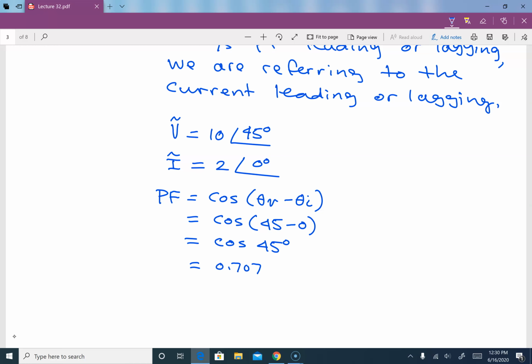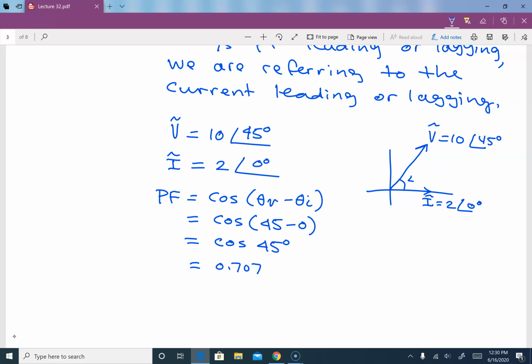However, now I have to put this power factor as leading or lagging, because if we put power factor is equal to 0.707, that is an incomplete answer. So we have to put after that leading or lagging. In this case, our I is lagging the voltage, because if I present this as a phasor diagram, I have the current here to be 2 with angle 0, and then I have the V over here, which is, let's say, 10 with angle 45 degrees.